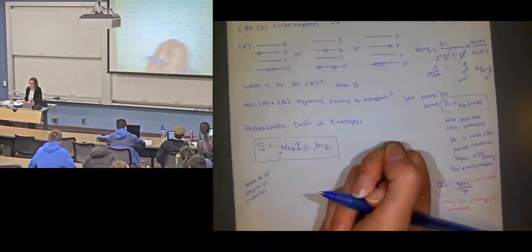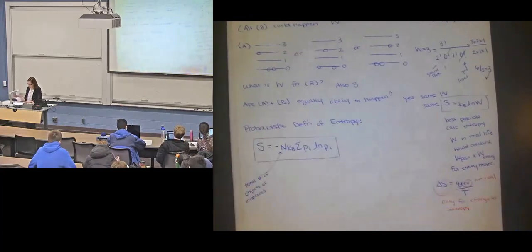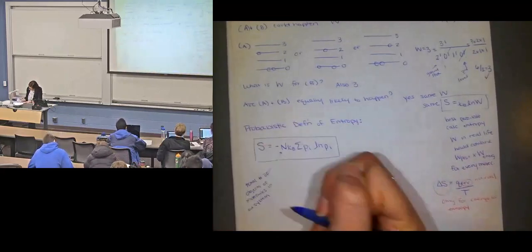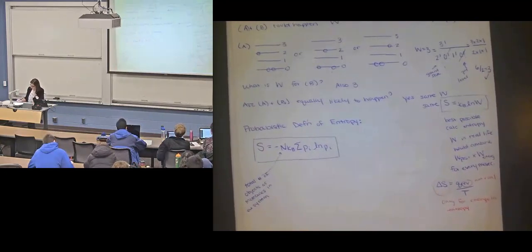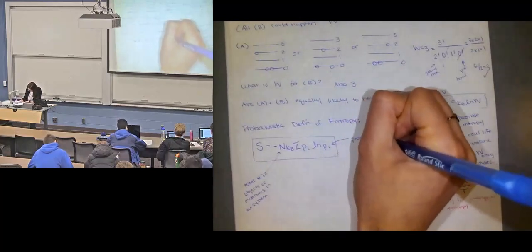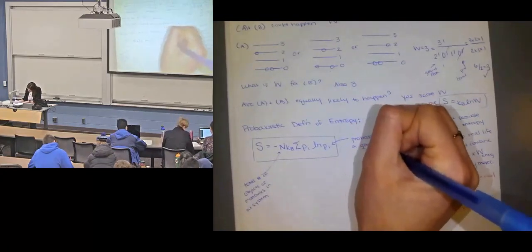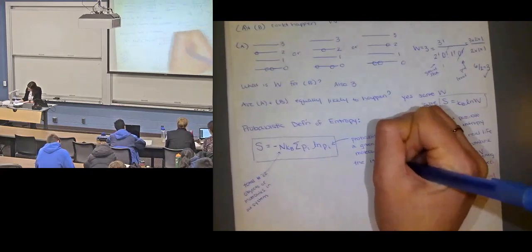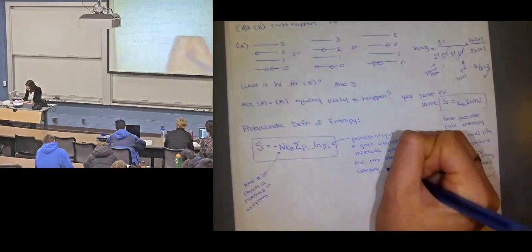I think the example I'm going to do next is dice rolls, so the total number of dice rolls in our system. k sub B is Boltzmann's constant again. p sub i here is the probability of a given object or molecule occupying the ith state, or the ith category, or the ith energy level, right?